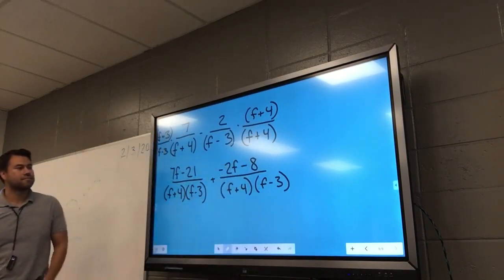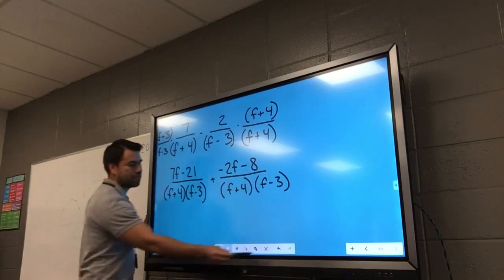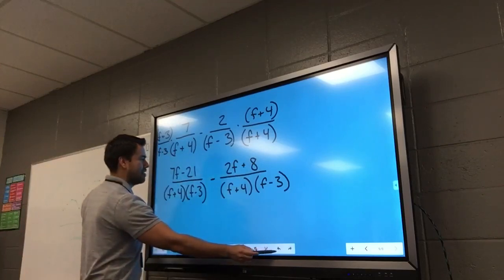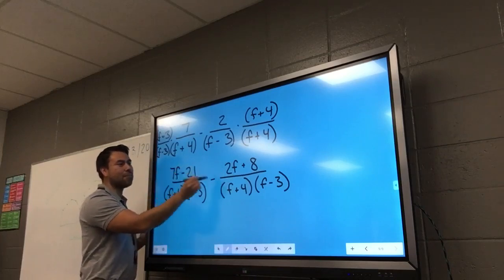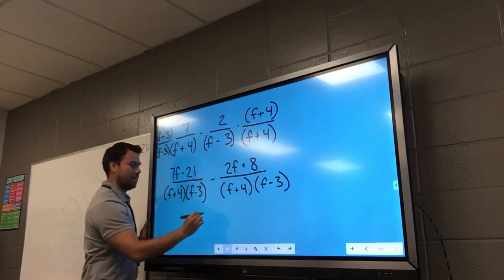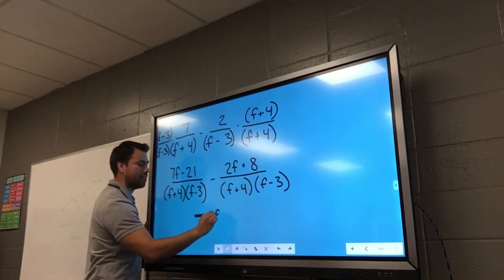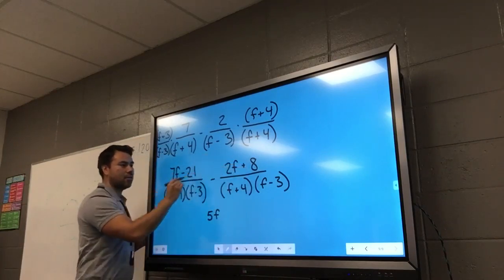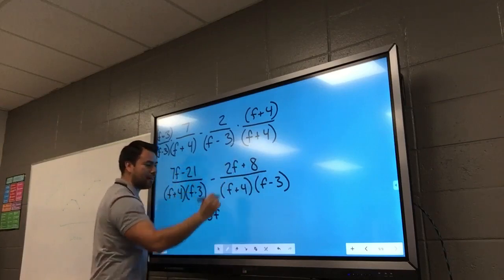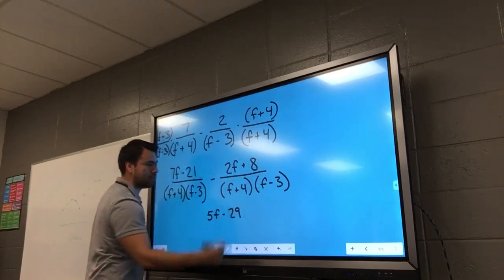Or you could do 7F minus 2F, which is 5F, and then negative 21 minus 8, which is still negative 21 plus negative 8, negative 29.